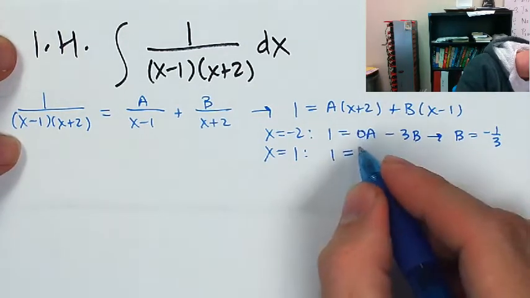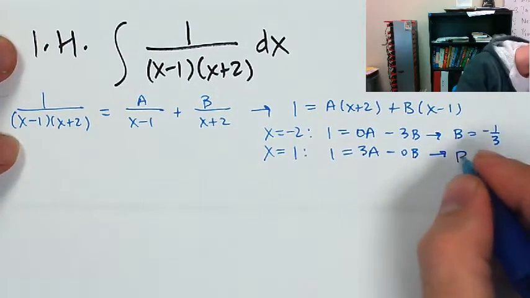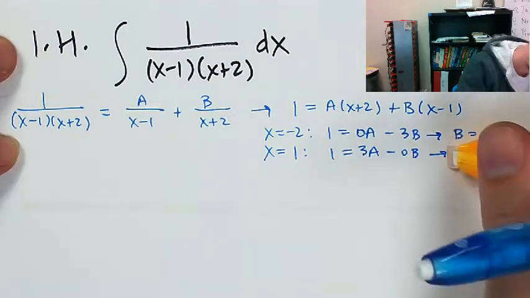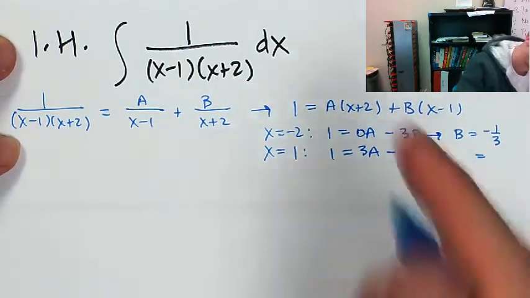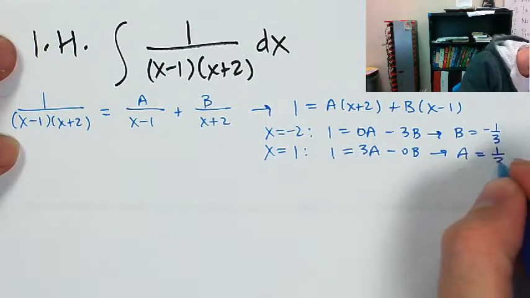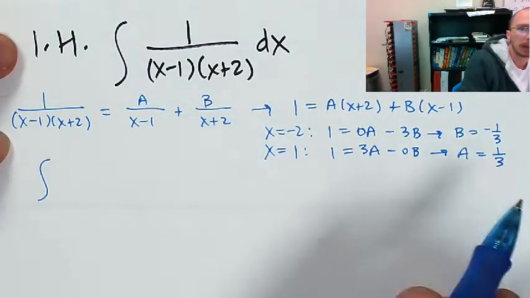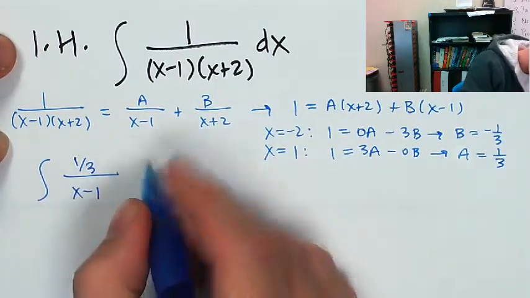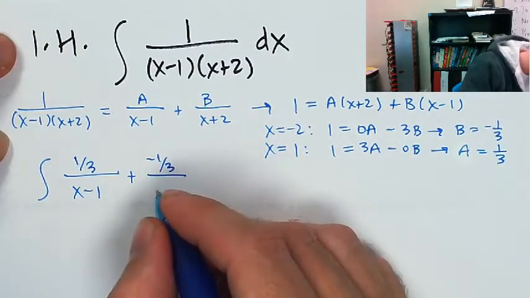I'll have 1 equals 3a minus 0b, so that's going to be a. That'll be a equaling 1/3. Okay. So now I'm anti-differentiating: a is 1/3 over x minus 1 plus b is negative 1/3 over x plus 2.